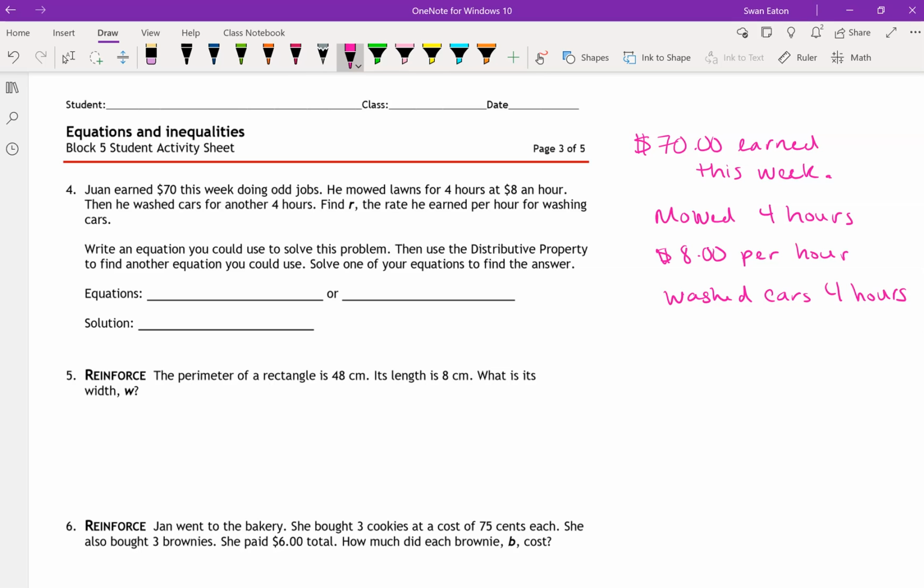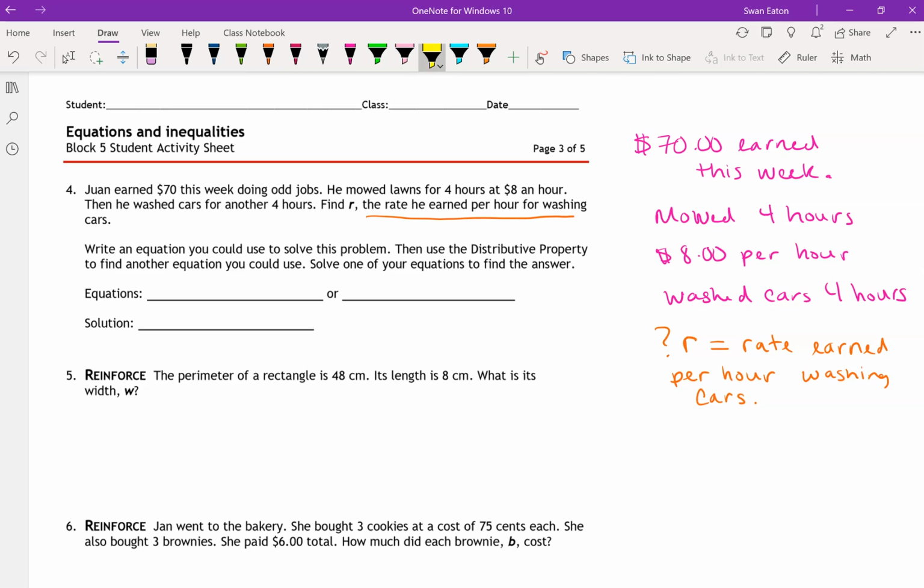Okay, so find R, the rate he earned per hour for washing cars. So then, I'm going to use a different kind of cover. We don't know R, which equals the rate earned per hour washing cars. And that kind of makes sense to me because we don't know that.